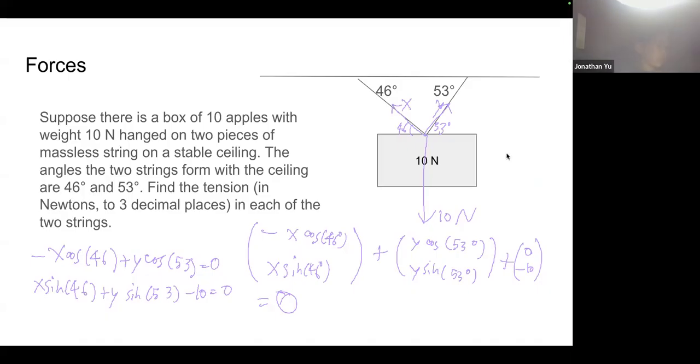Okay, if you had a chance to think about that, this is just a pretty simple linear equation in two variables. So we can cancel out x, or just use a calculator. We're going to find that x equals 7.033 and y equals 6.093 newtons.